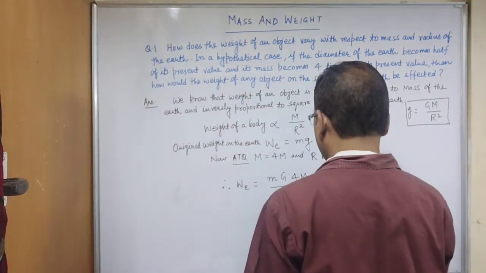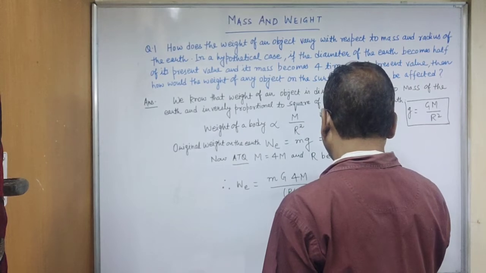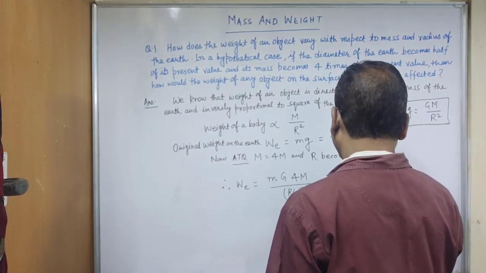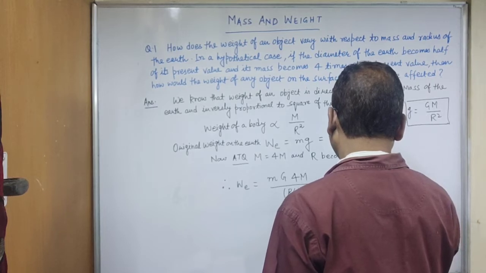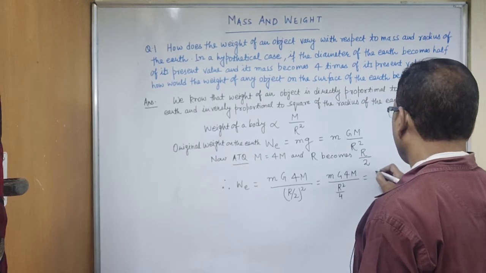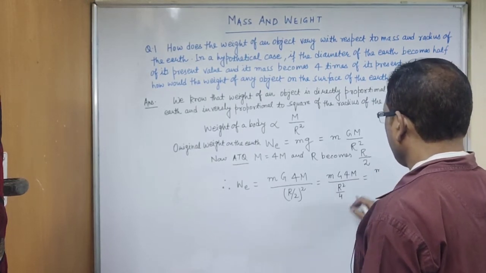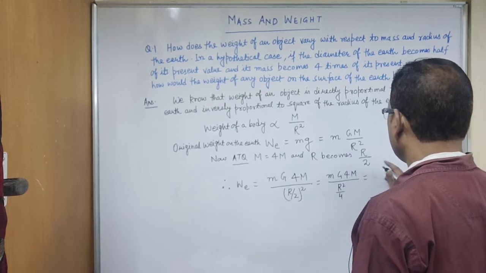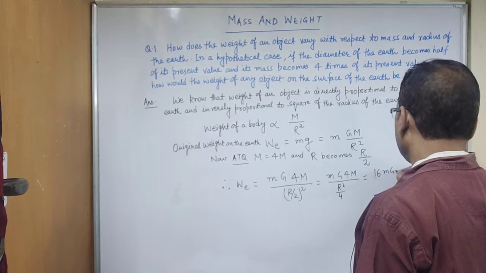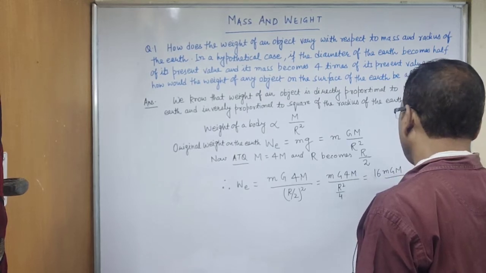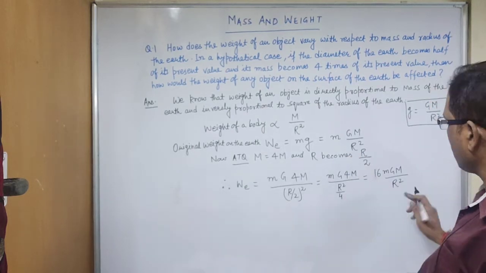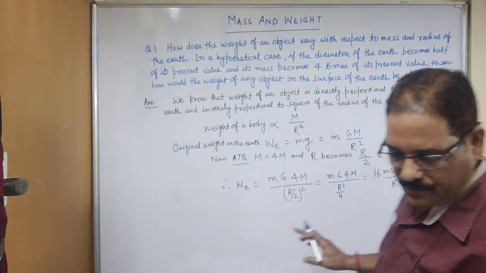So if you simplify, it will be mG 4M by R square by 4. Now further this can be written as, this 4 will go upside, so it will be 16 mGM by R square.